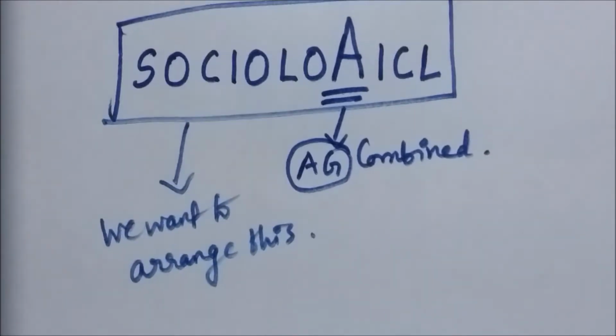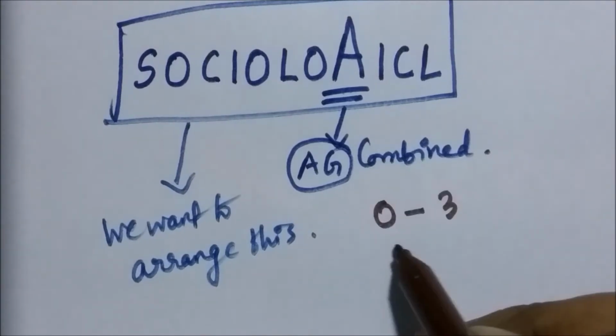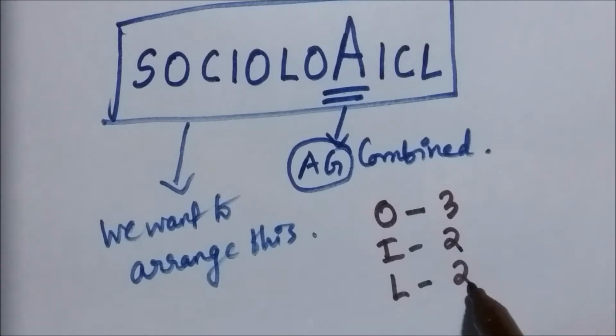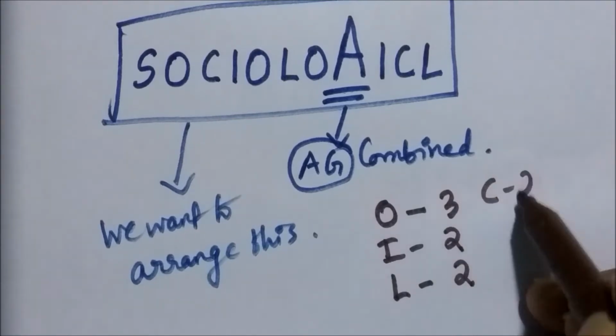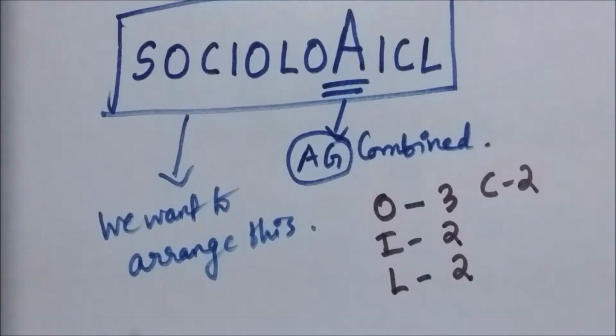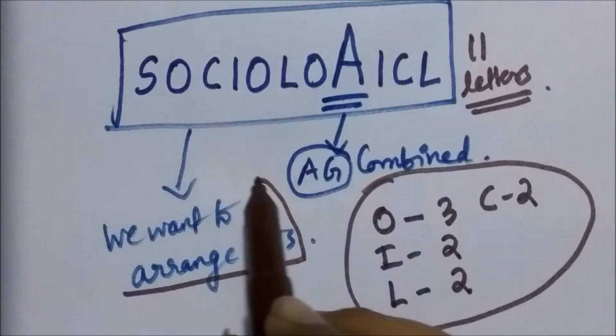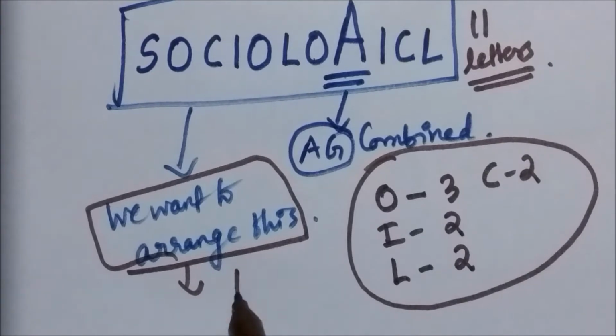Now, if you see here, O is repeating 3 times, I is repeating 2 times, L is repeating 2 times, and C is repeating 2 times. And it's an 11 letter word. Now, we know that the number of ways of arranging this word with 11 letters is going to be 11 factorial by 3 factorial into 2 factorial into 2 factorial into 2 factorial.